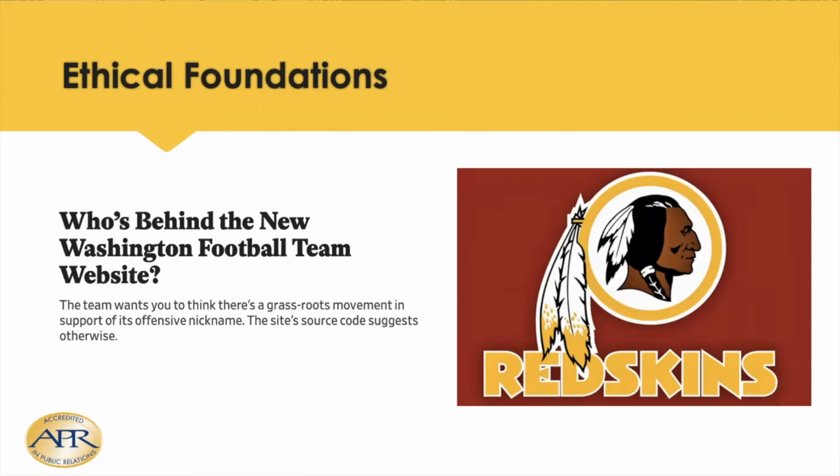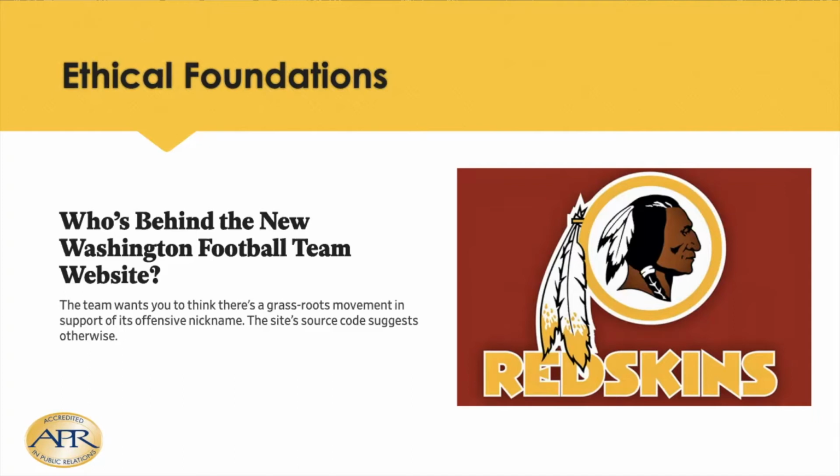And so in the midst of all this litigation and high visibility in the media and controversy around the name, in 2014 the Washington Redskins hired Burson-Marsteller out of Washington, D.C. to create a campaign to actually drive support for keeping the name.